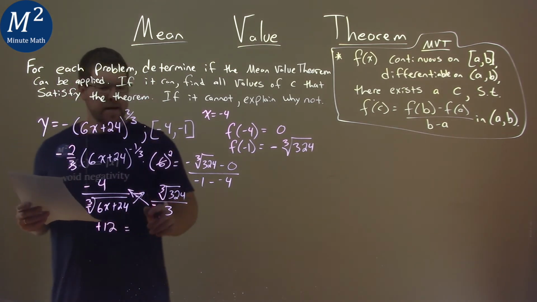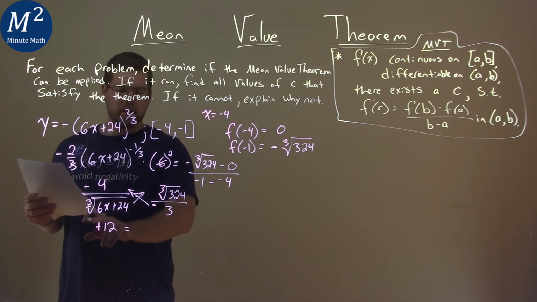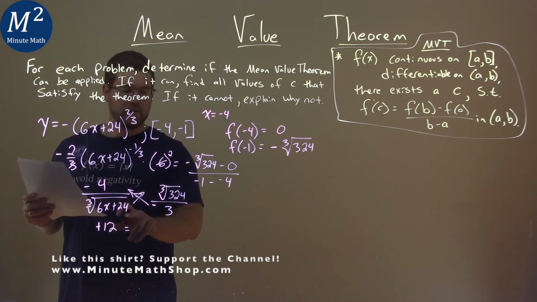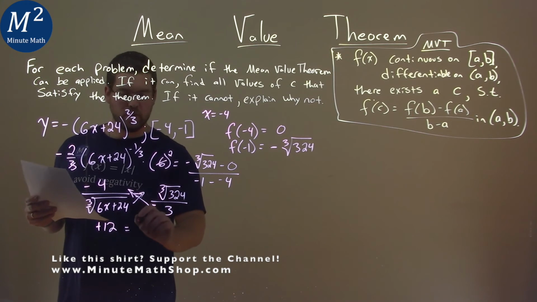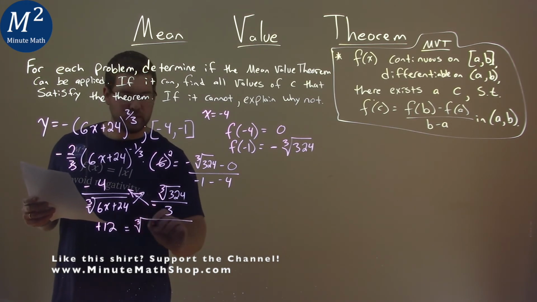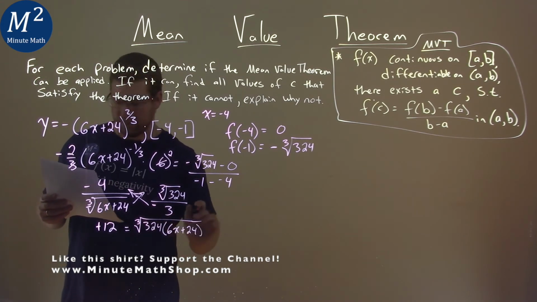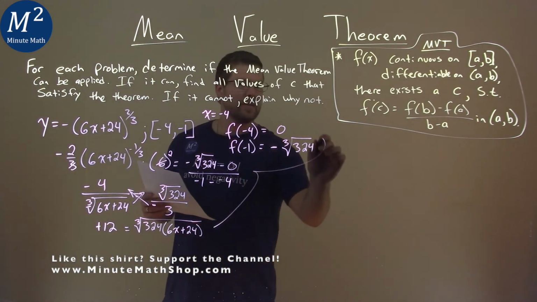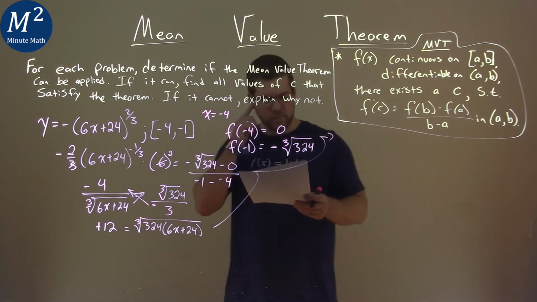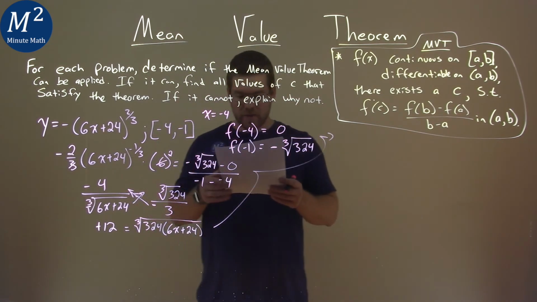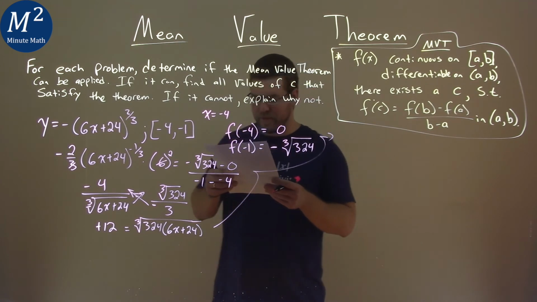Okay? Now, the third root of 6x plus 24 and the third root of 324, we can write as one big third root, and we have 324 multiplied by 6x plus 24. We're going to simplify this. All this simplification going on here.